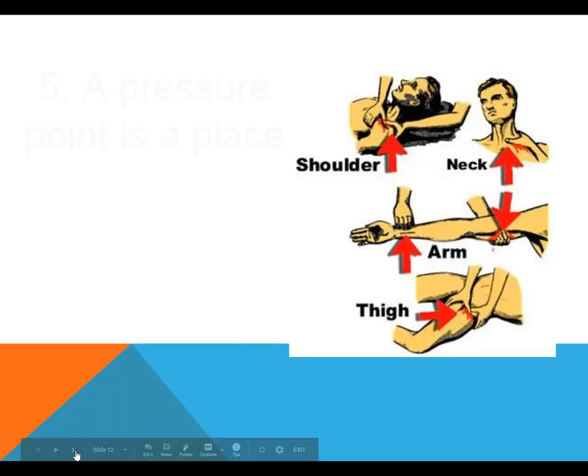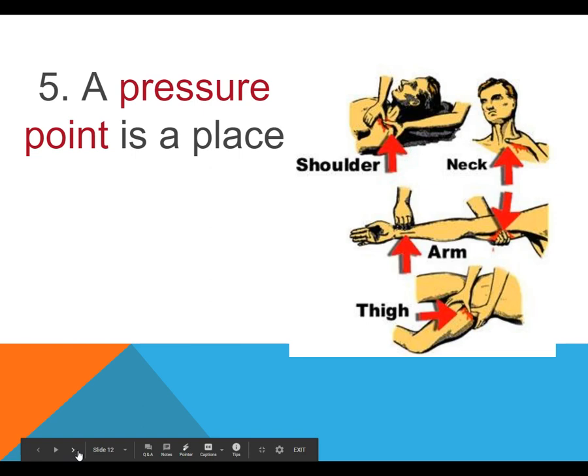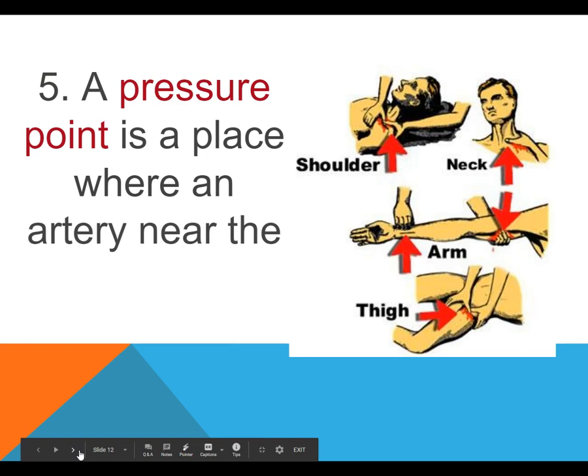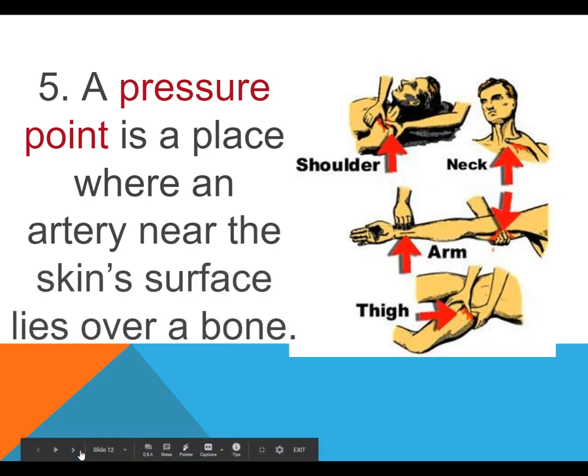These are the pressure points. A pressure point is a place where an artery near the skin surface lies above the bone. So you've got the shoulder artery that's above the shoulder bone, the neck artery, but don't push on the carotid artery.